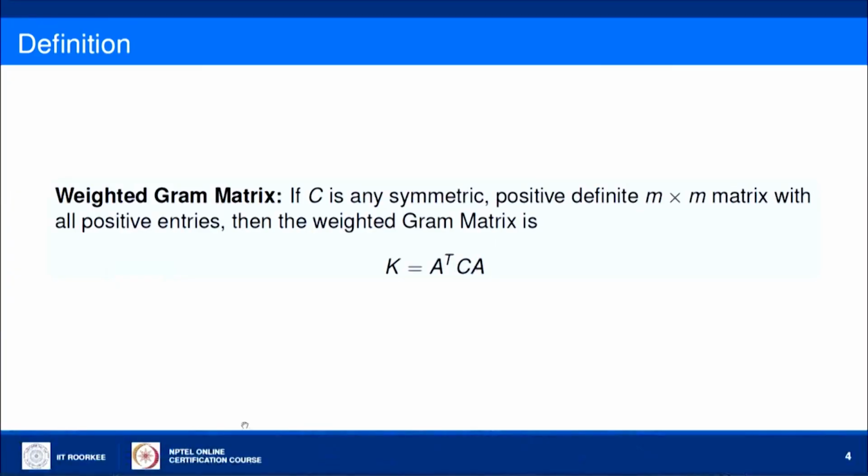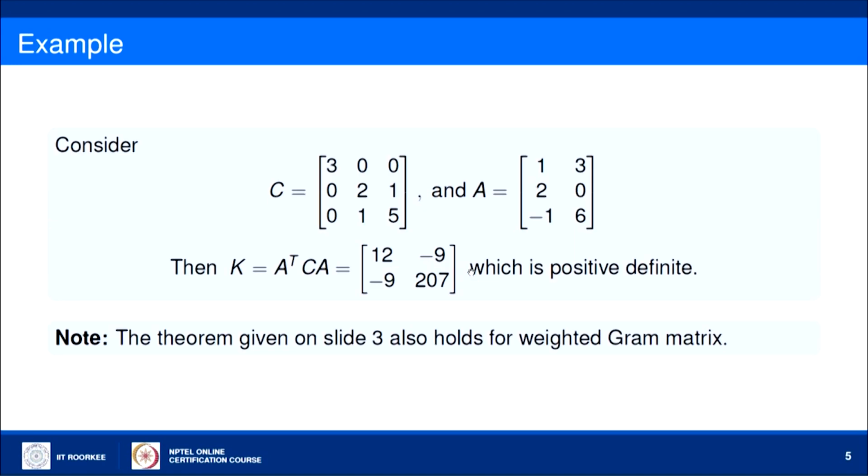In the same way we can define the weighted gram matrix. If C is any symmetric positive definite m by m matrix with all positive entries, then the weighted gram matrix is K equals A transpose C A. For example, if I take C equal to this one, which is symmetric as well as positive definite, and A is the same as in the earlier case, then the associated gram matrix A transpose C A is given as 12, minus 9, minus 9, 207, which is again positive definite.